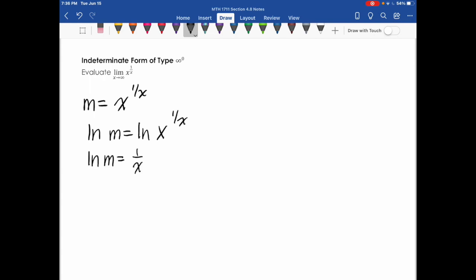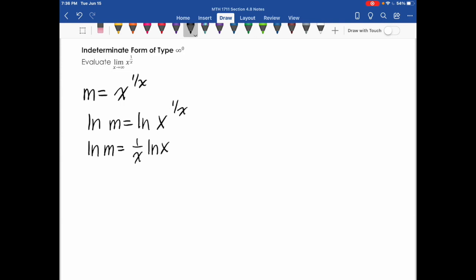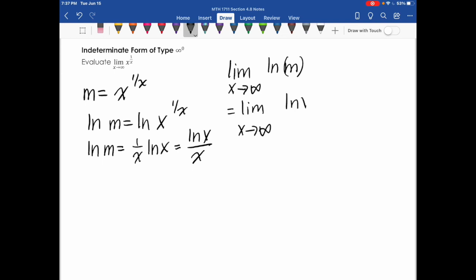So I have the natural log of m is equal to, now I can bring that exponent down in front, 1 over x, natural log of x. And then I can rewrite that as the natural log of x over x. So now if we evaluate the limit as x approaches infinity of the natural log of m, we would get the limit as x approaches infinity of the natural log of x over x.